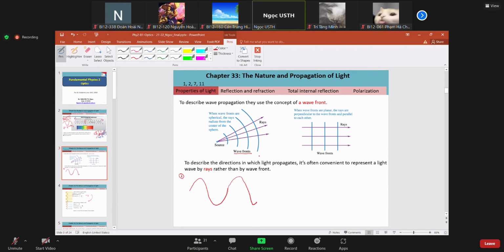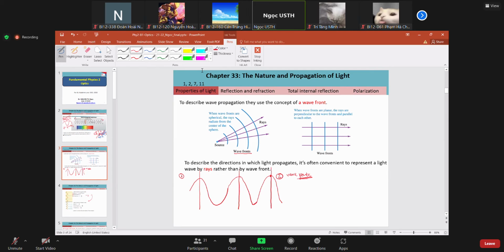So what is a wavefront? Wavefronts tell you that on the same front here, or here is another wavefront, or if you have another period here, here is also a wavefront.